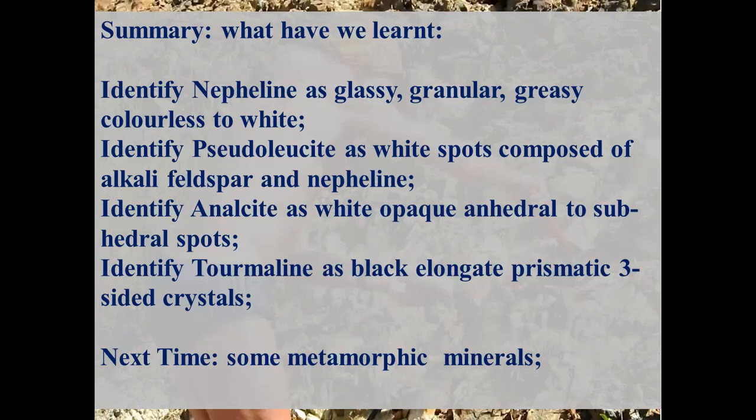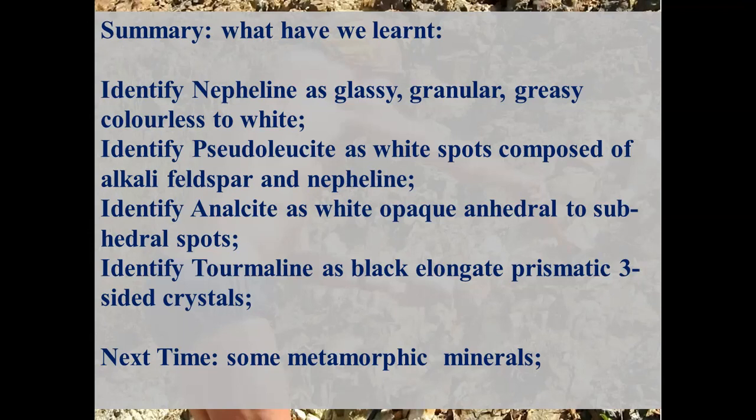Pseudoleucite has white spots, but these aren't just ordinary white spots. They've got generally two things in them, and you should be able to identify the nepheline, which is that more glassy granular material, and the more opaque alkali feldspars, which are the breakdown products of leucite.